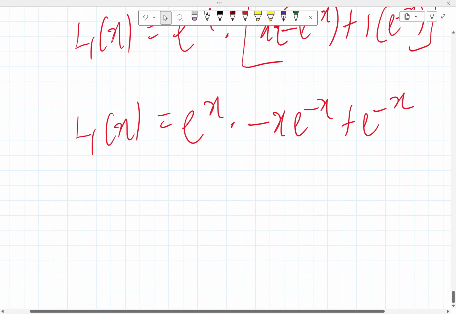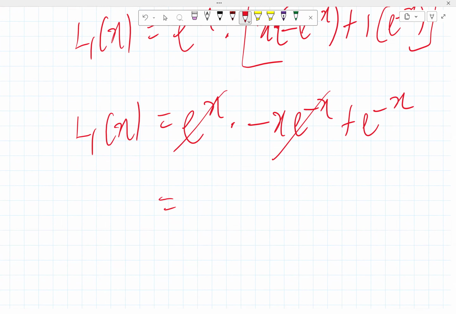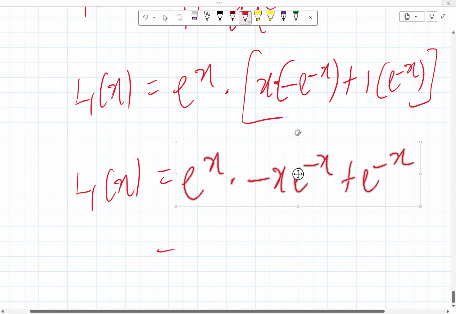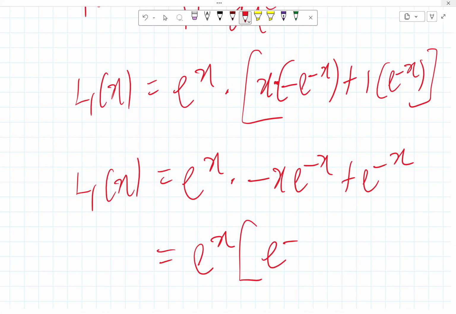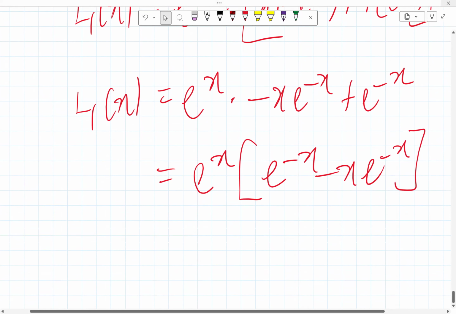So this cancels this. Okay, no, I can't cancel like that. That's mathematically incorrect. So that's e raised power x into e raised power minus x, e raised power minus x. Okay, yeah, more like it.